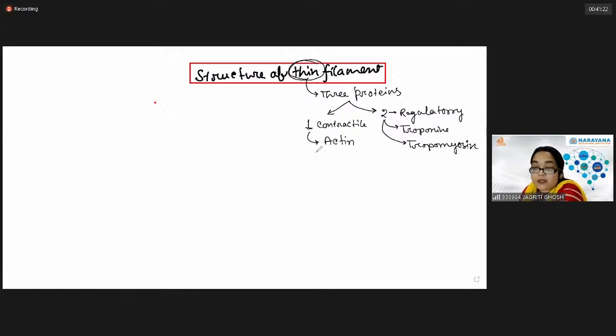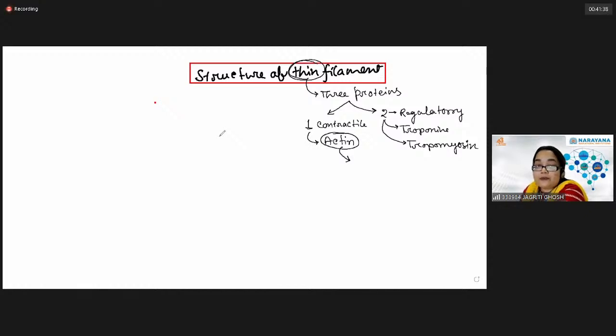Okay, so this actin is also a polymer. The monomer of actin is known as G-actin.